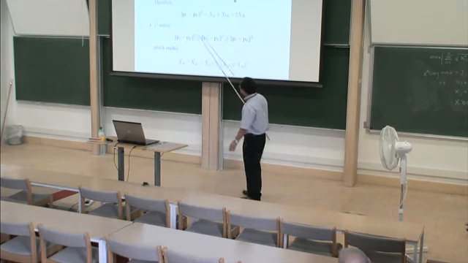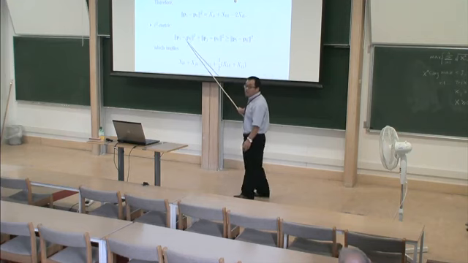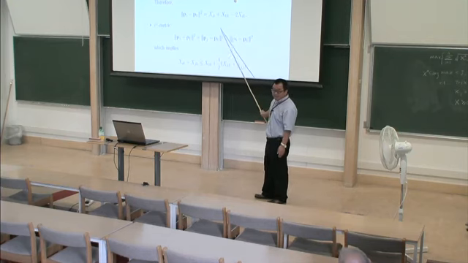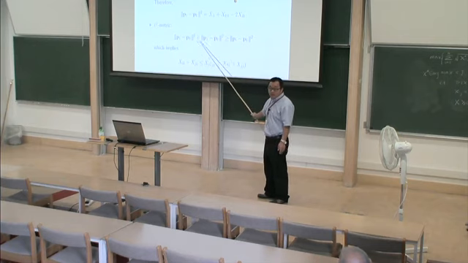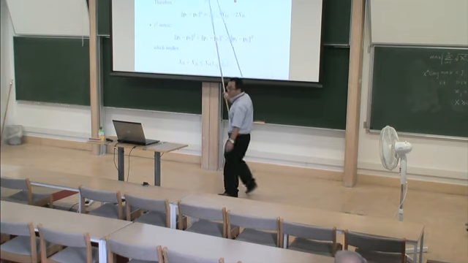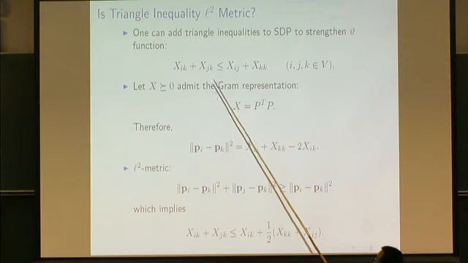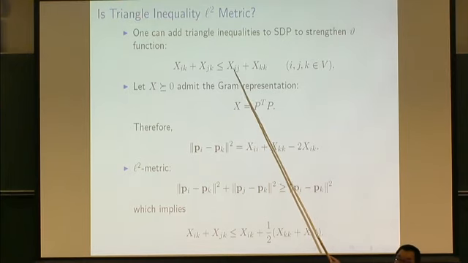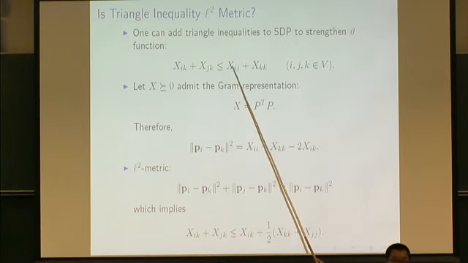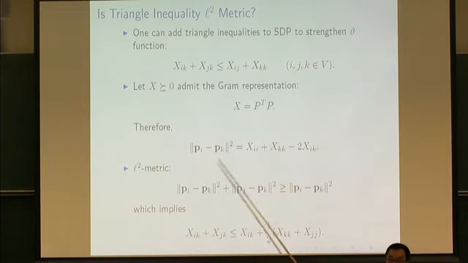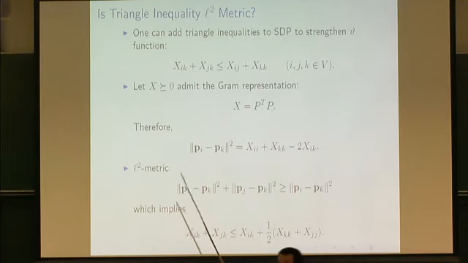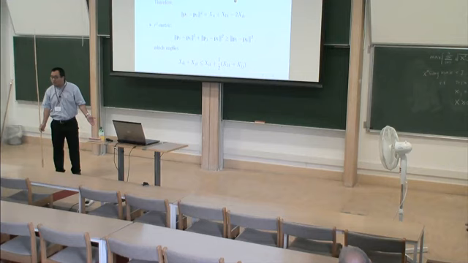And the thing is that if I use L2 embedding, L2 matrix, I want to translate the triangle inequality from semi-definite programming into a metric. But I don't know why it is called the triangle inequality in semi-definite programming. Why do you say you add triangle inequalities?